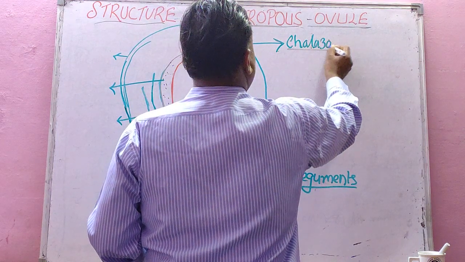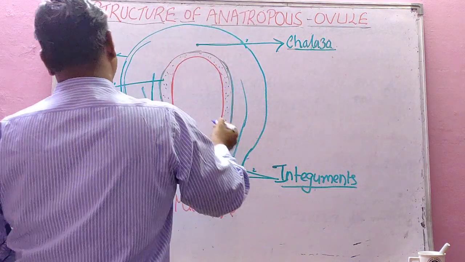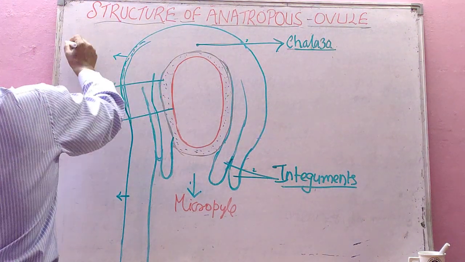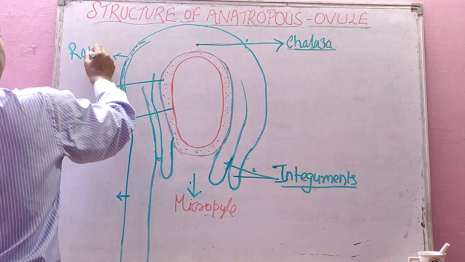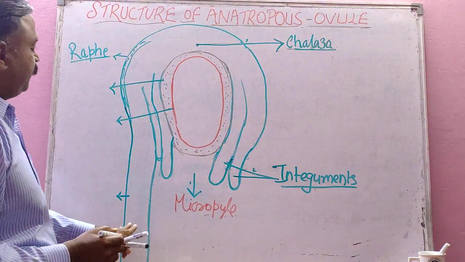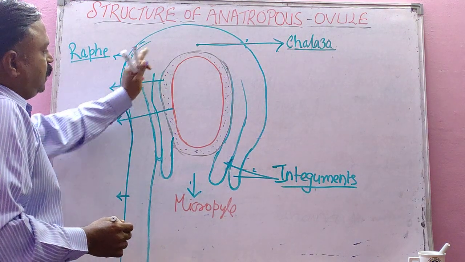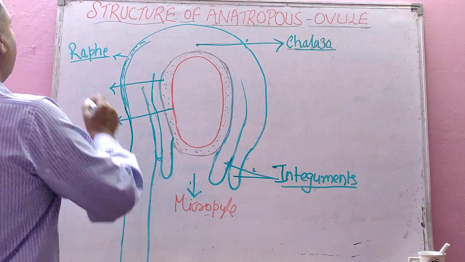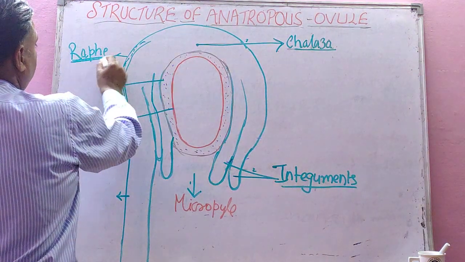Chalaza or chalaza land. And student, this ridge-like structure is called raphe. Raphe is nothing but when the funiculus moves inside and continues in the ovule, it forms a ridge-like structure called raphe.